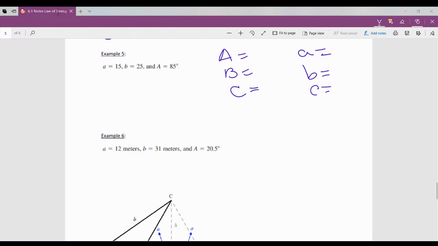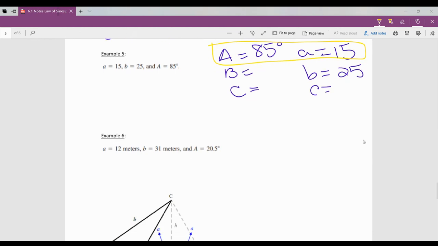All right, so we got A is 85 degrees, little a is 15, b is 25. Uh-oh, I'm noticing it right now. I've got angle, side, side, bad word. So I look at that pair and I say, is that larger or smaller than the other one?